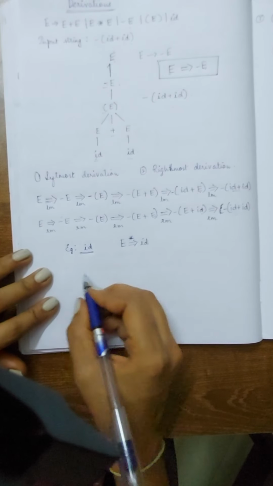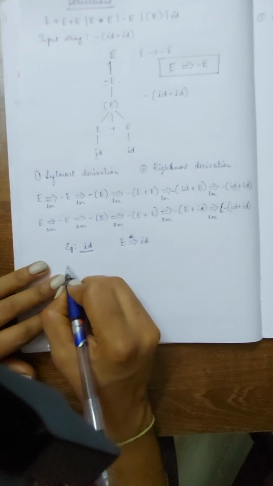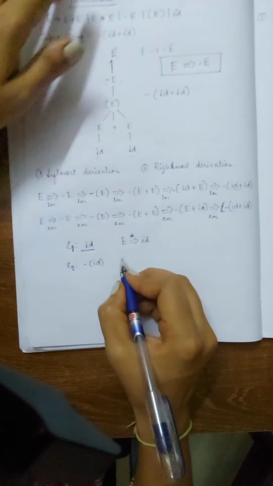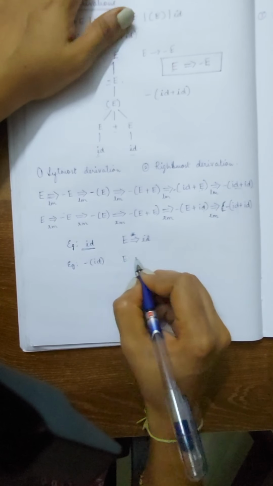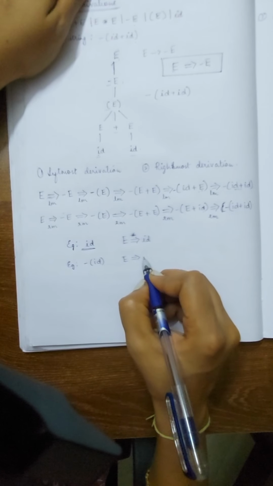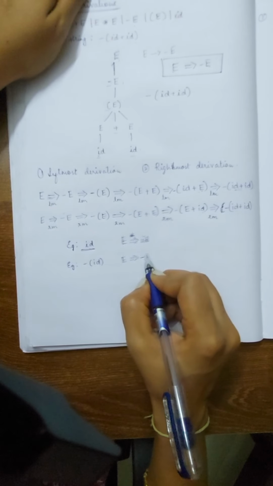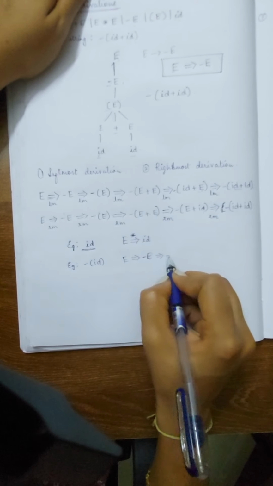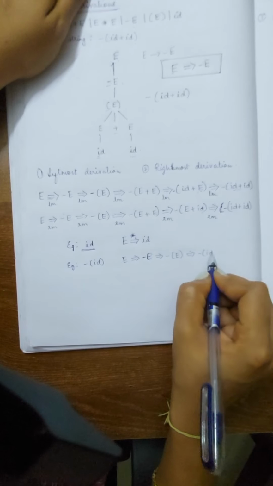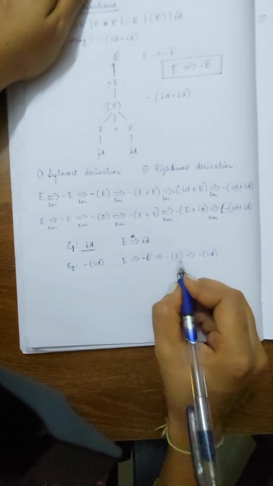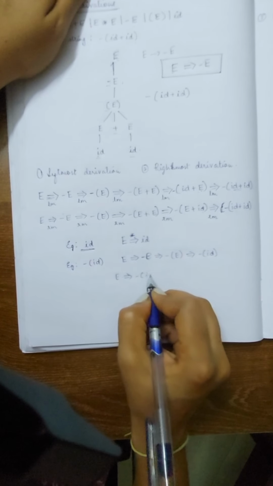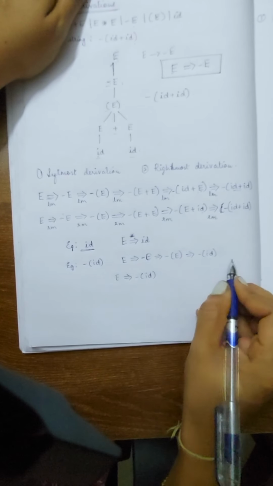Also, as an example, if I take it in this way, the derivation we can write as minus E derives E, which in turn derives ID. So over here E derives minus ID in one or more steps.